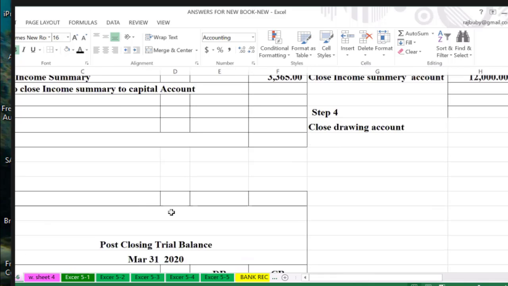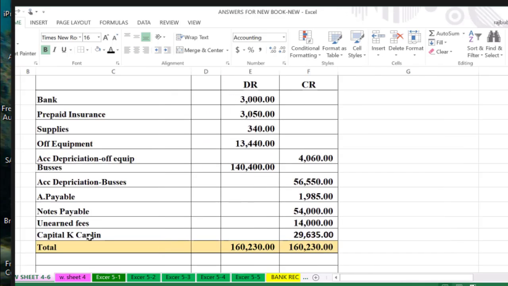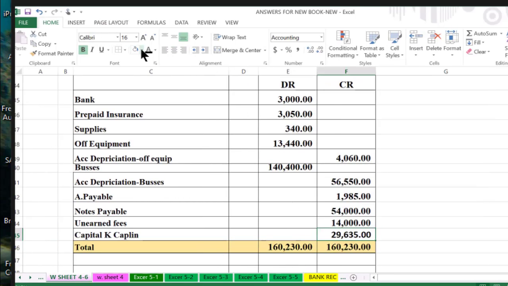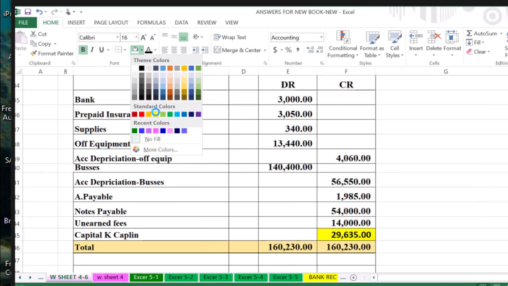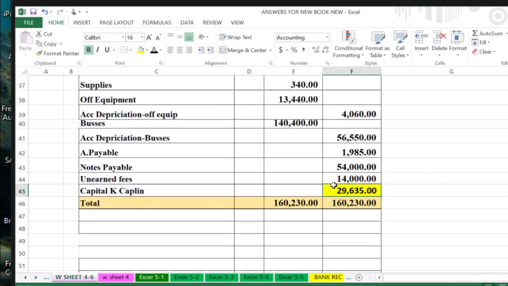The new trial balance is going to be this. This is the new capital. These are the balances from the trial balance. All the balances are the same. Only the capital is changing for next year.